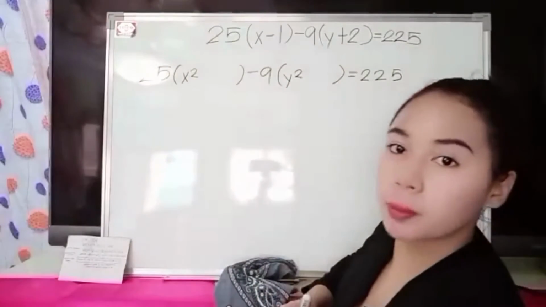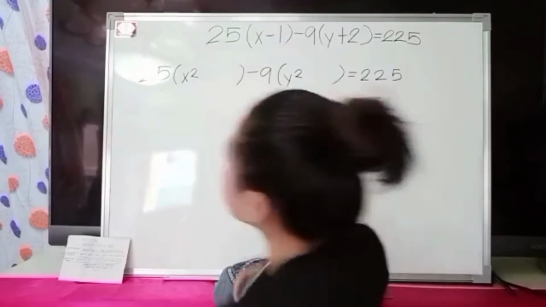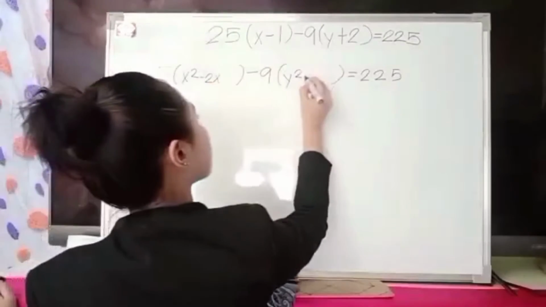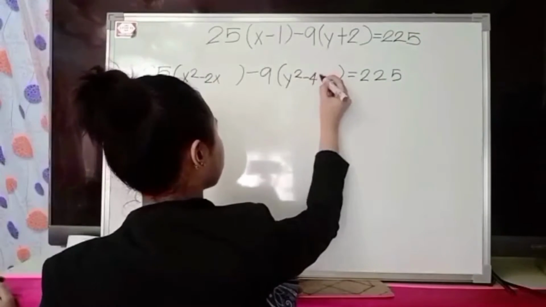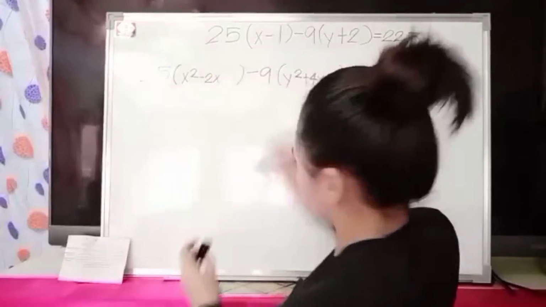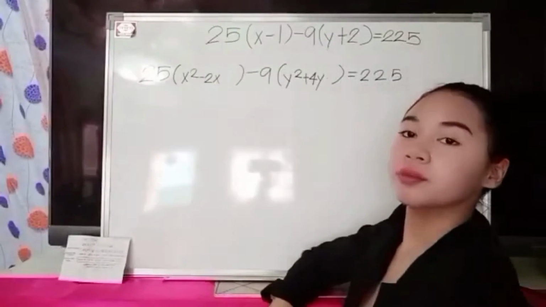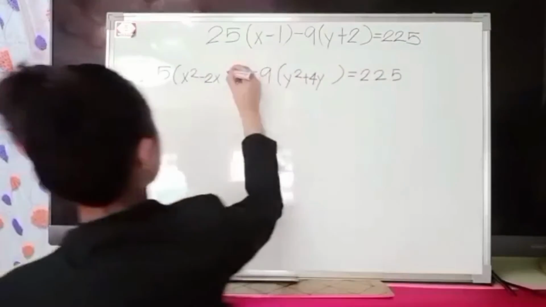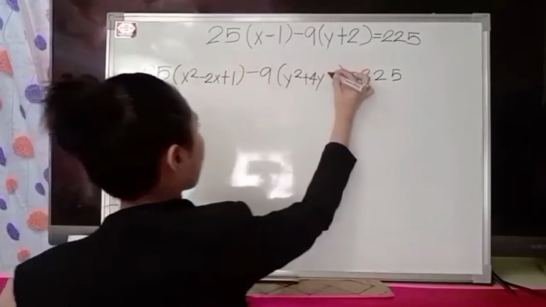And double the product of the terms, so 2x and 4y. And square the last term, plus 1 plus 4.